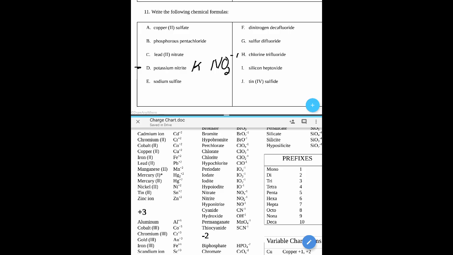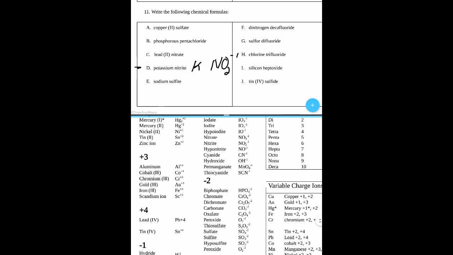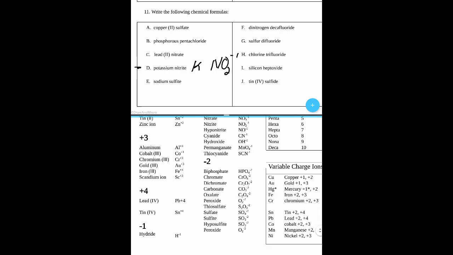The way I knew that was from my charge chart down here. We have nitrite, which I can't write on because my screen is split, but it's at the very top, middle. It's the second one there, and it's listed as NO2 minus 1. Now, this is an ionic compound because it starts with a metal.